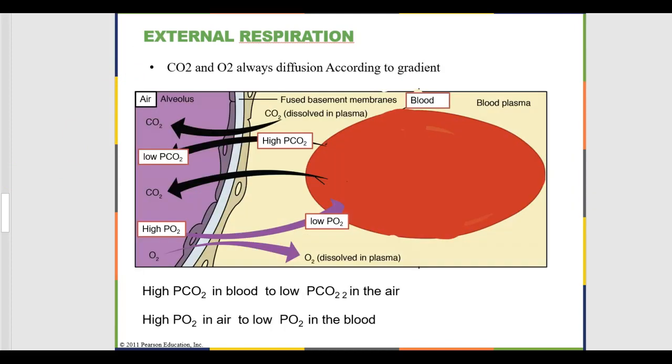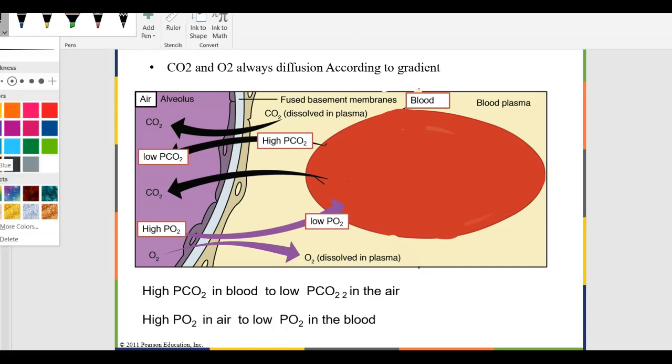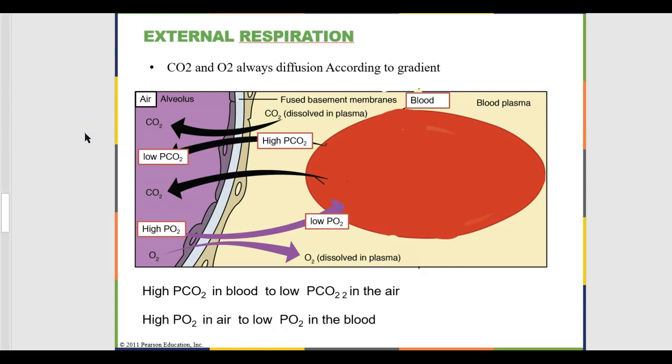Then you remember what you intuitively know should happen, and you make the partial pressure gradients match the flow of gases, remembering that gas flows from an area of high pressure to an area of low pressure. So you don't make the pressure high where you want the gas to be. You make the pressure high in the opposite compartment, which will push the gas into the compartment where you want it.